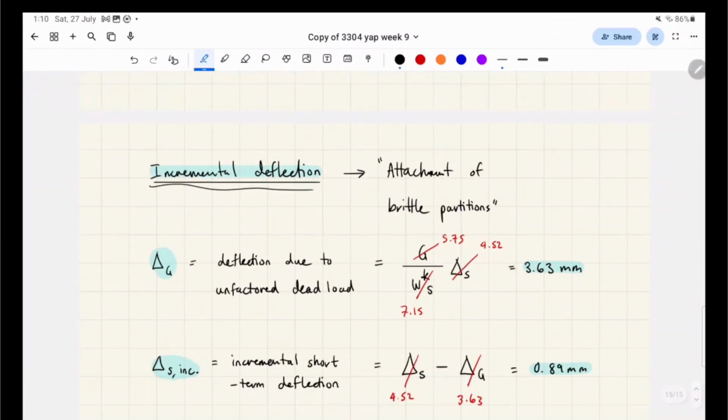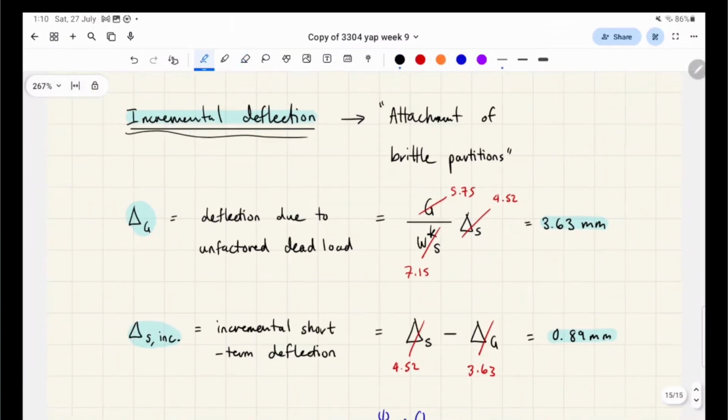Brittle partitions is like the dead load. Do you know how we've separated dead load into the dead load due to the self weight and the dead load due to partitions? Yep. I don't know. Basically, it's kind of weird. It's basically we're removing the dead load. I don't know. This is what we have to do, right?